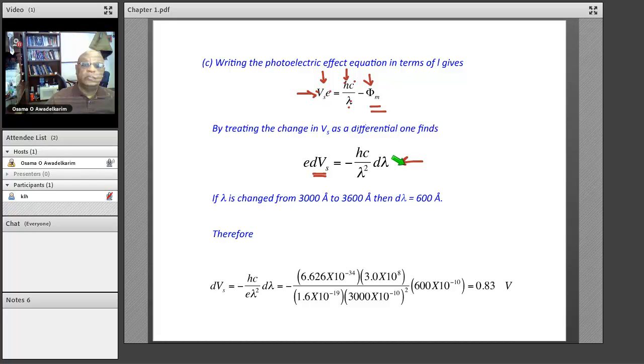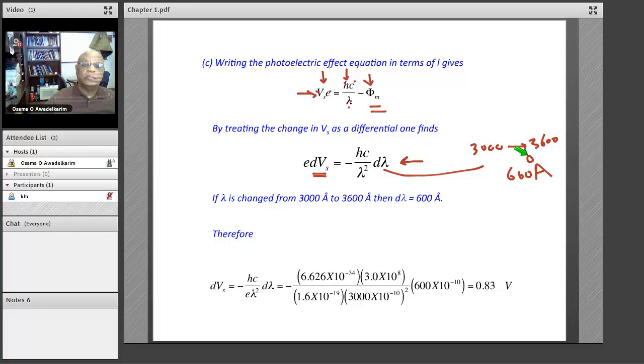Now, if lambda increases from 3,000 angstroms to 3,600 angstrom, then d lambda is the difference, which is 600 angstroms. That's our d lambda.